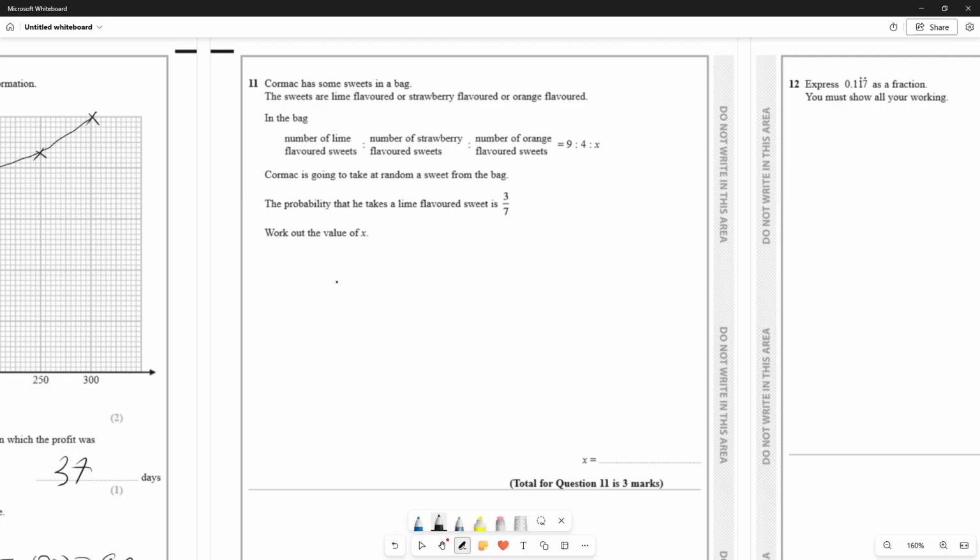But in terms of this question, it is 9 over the total, which is 13 plus x. And that's equal to 3/7. Now we can be really cheeky here. Instead of doing this cross multiplication, which is probably unnecessary, notice if we multiply this right fraction by 3, we get this.